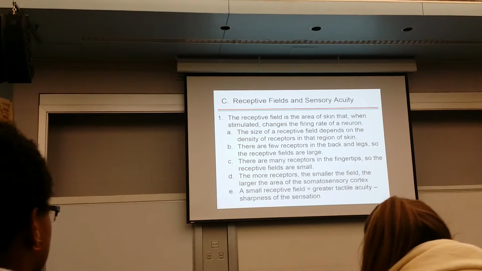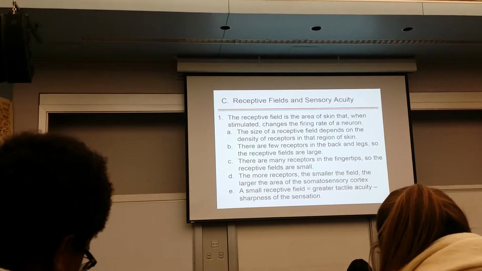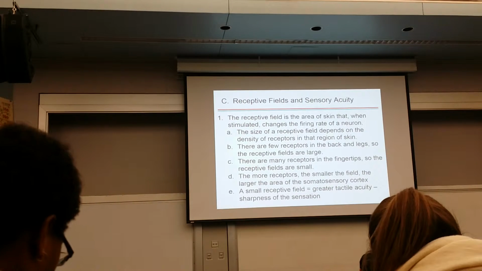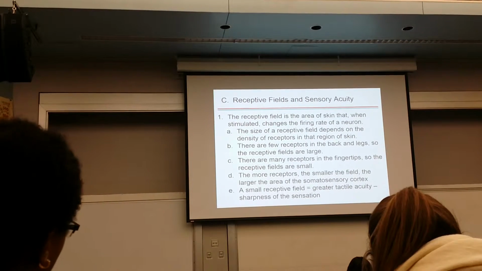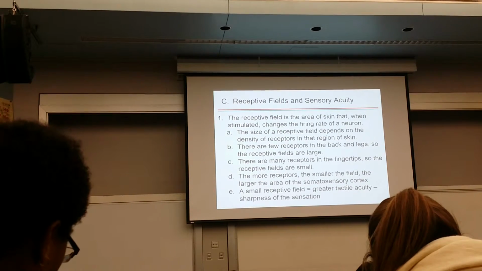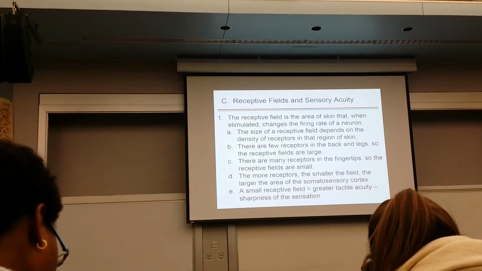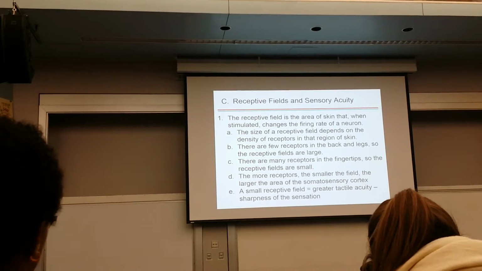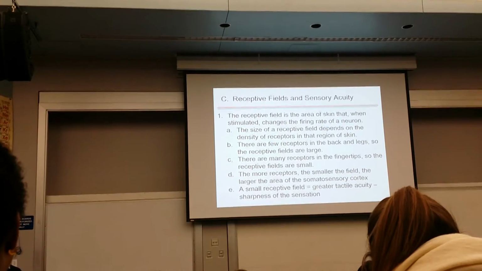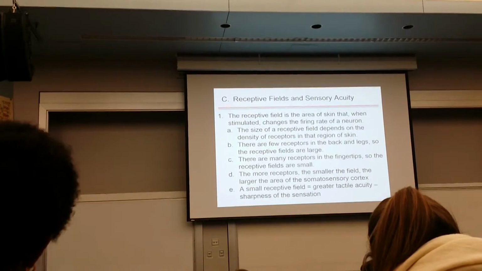Okay? All right, so let's talk a little bit about the receptive fields and the sensory acuity. Basically, here is where we're going to talk about two-point discrimination. I want you to remember the homunculus distribution. You remember that there were areas of your body that were exaggerated, like the hands and the face, compared to your lower extremities or your back.